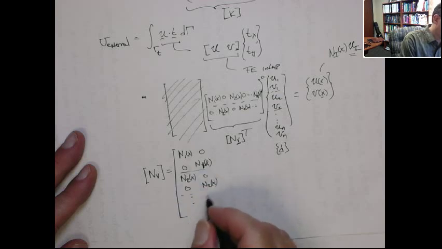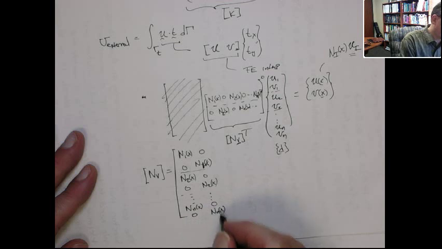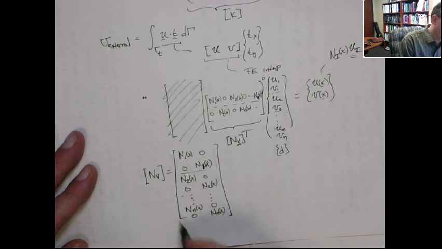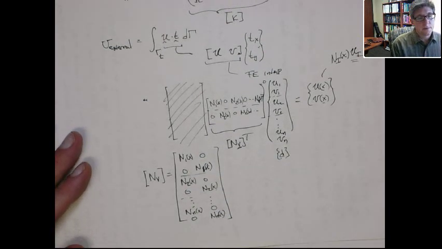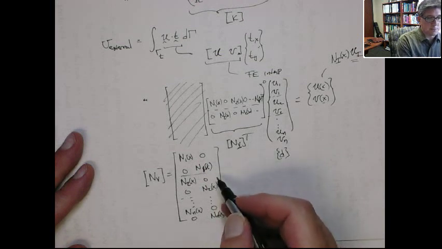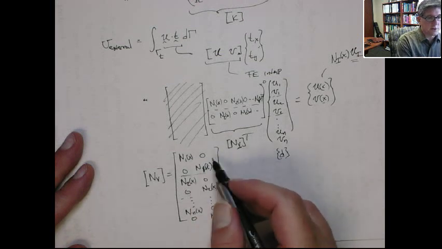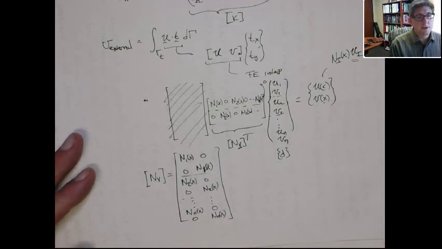So on and so forth until we get to N of x, 0, and then 0, and N of x, the last shape function. All right? So it has this diagonal form, and if you had 3 dimensions, you'd have 3 degrees of freedom per each block. You'd have N1, 0, 0, 0, N1, 0, and then 0, 0, N1, right? So this is what I'm going to call NV, all right?